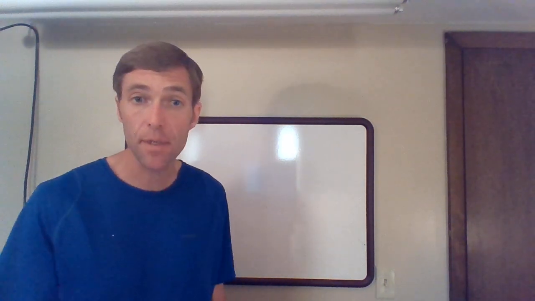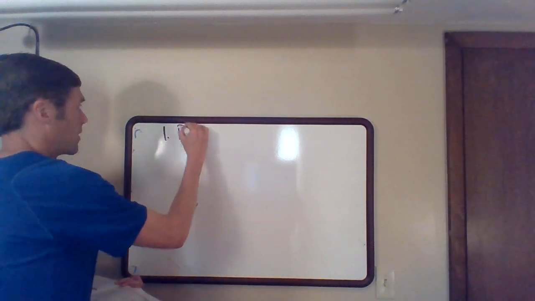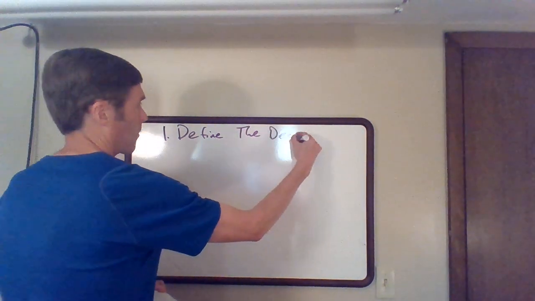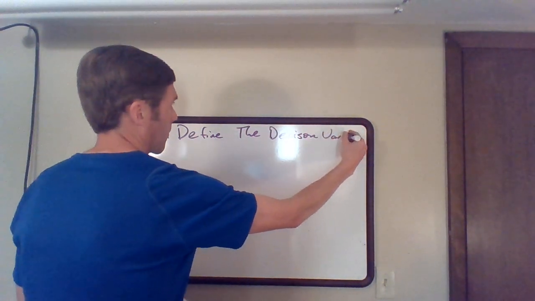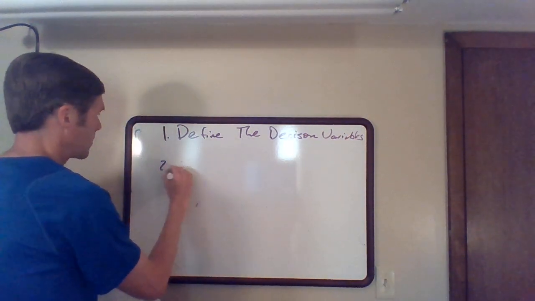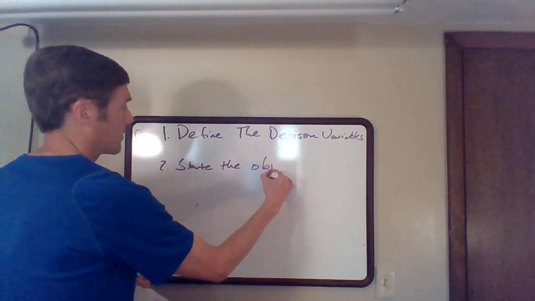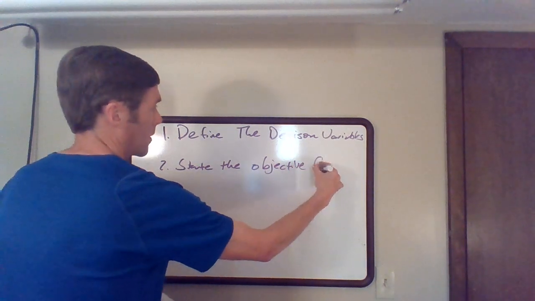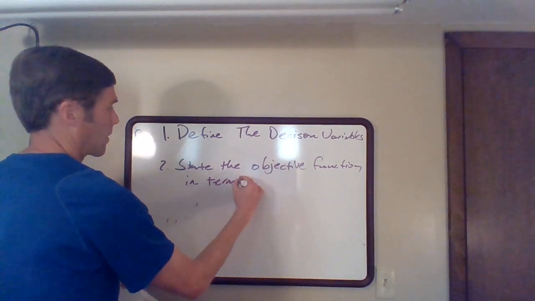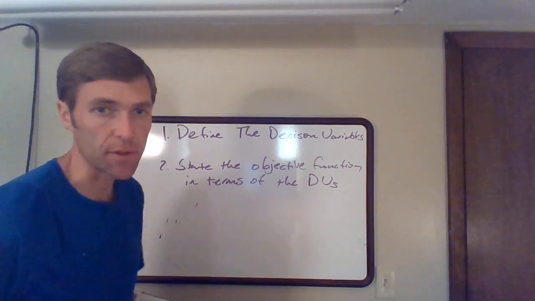So the steps in linear programming are as follows. Number 1, define the decision variables. Number 2, state the objective function in terms of the decision variables.